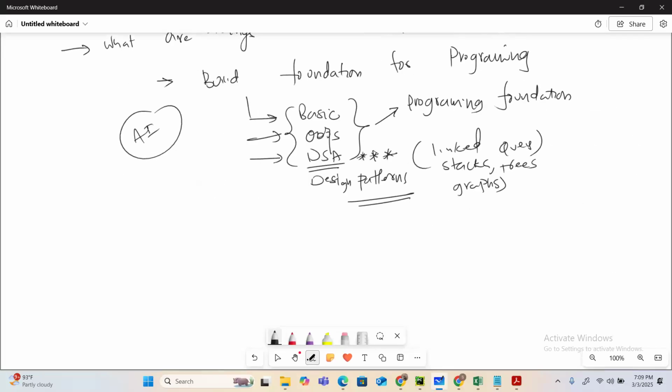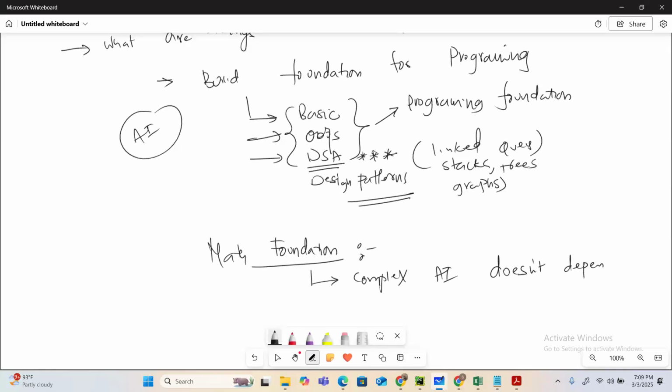Next, we will go to the math foundation. Complex AI does not depend on statistics alone.